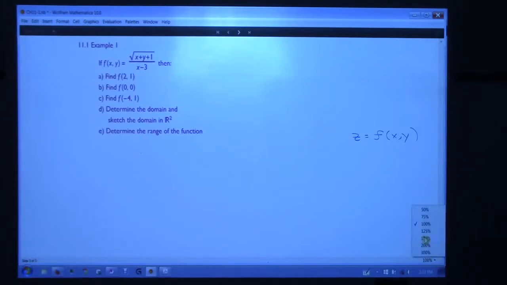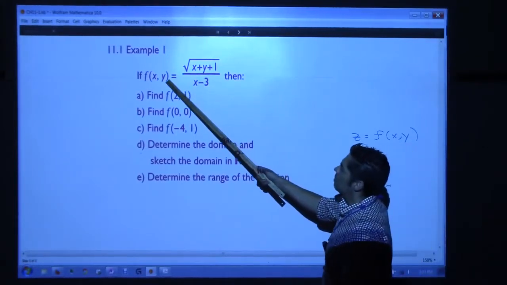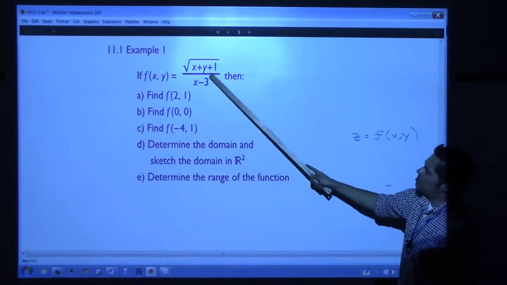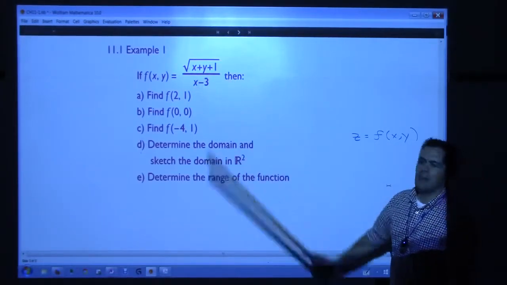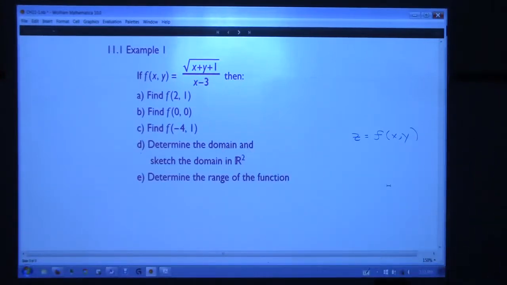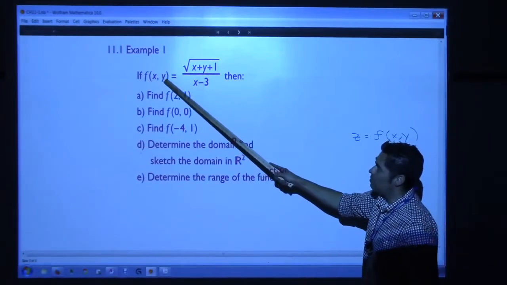Here's our first example of a function of 2 variables, x and y. Here it is. See? You give me some x's, you give me some y's, you can spit out a number, can't you? First question, what's f of 2, 1? That means replace x with 2 and y with 1. And the order matters here, right? 2 is x, y is 1.